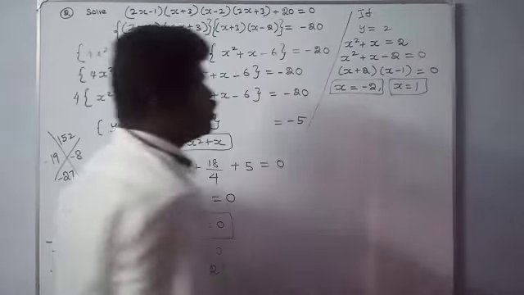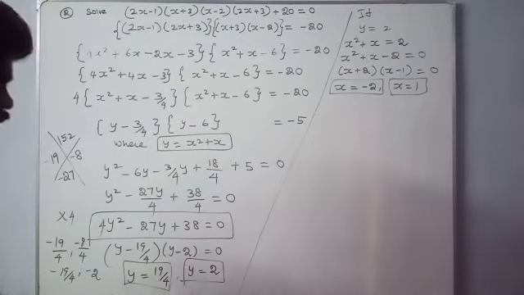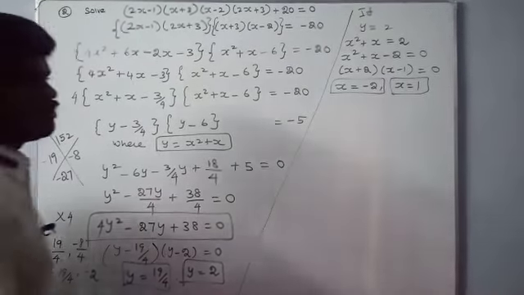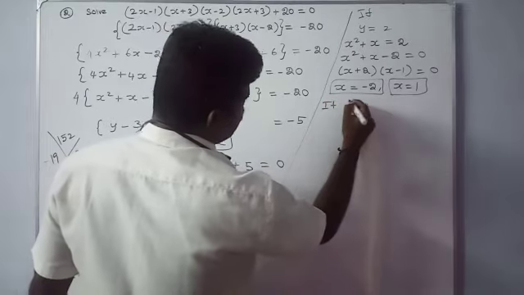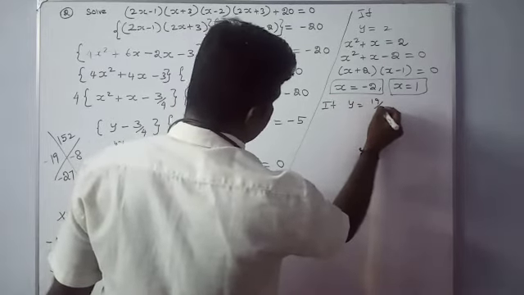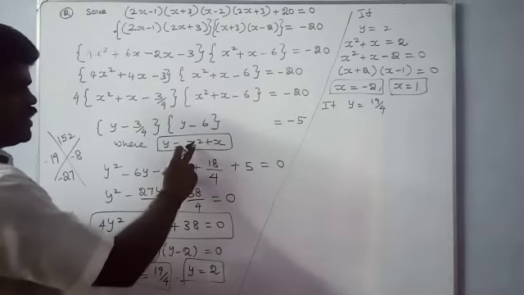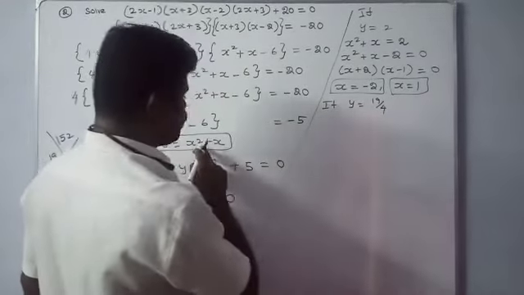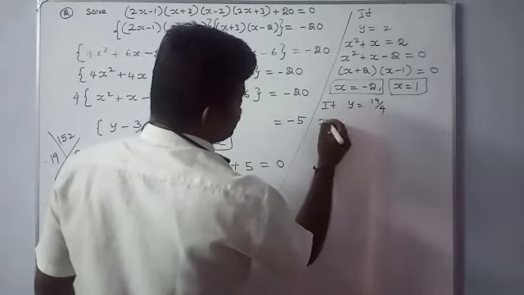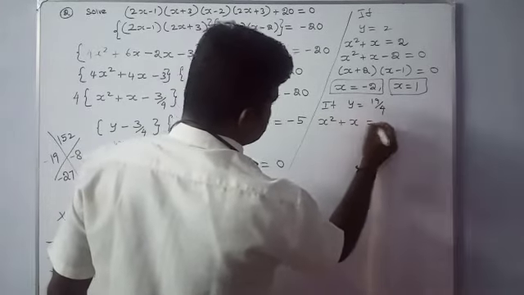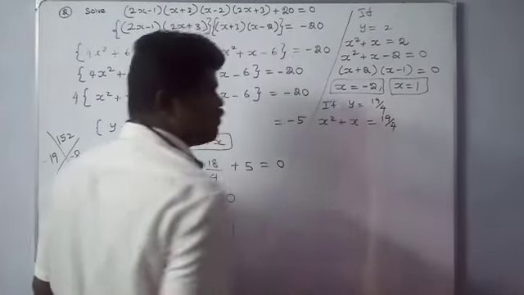We have found two roots, and another factor is there, y equal to 19 by 4. If y equal to 19 by 4, apply the value. x square plus x is equal to 19 divided by 4.